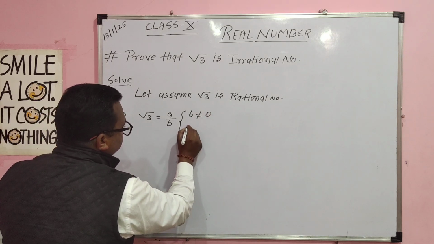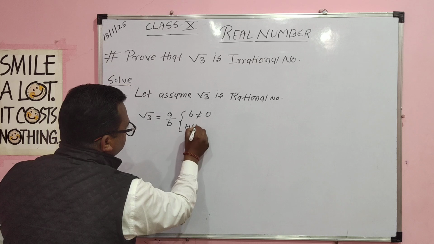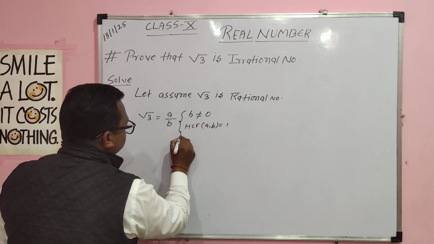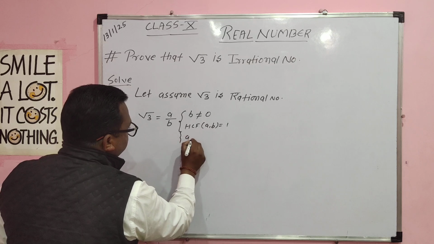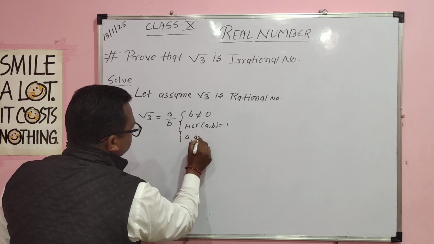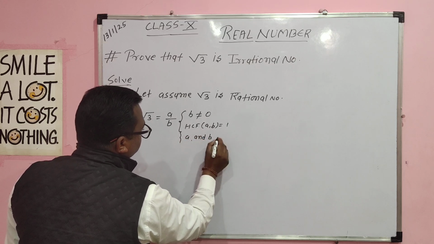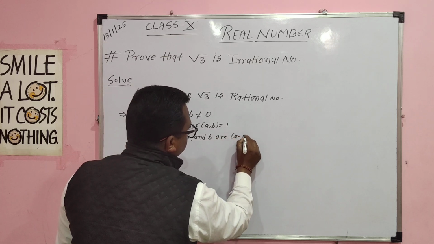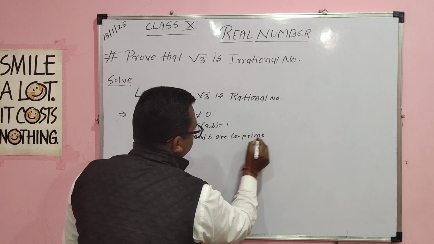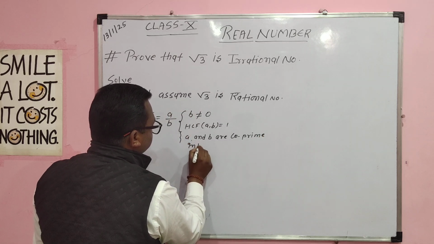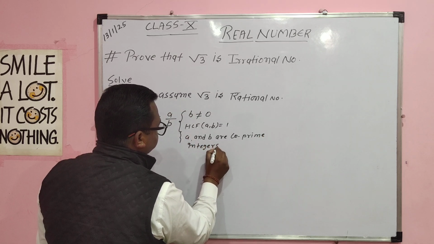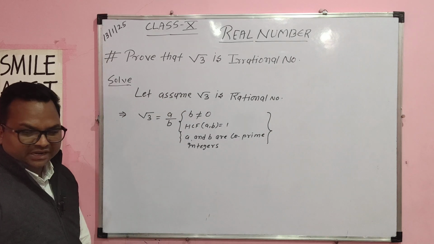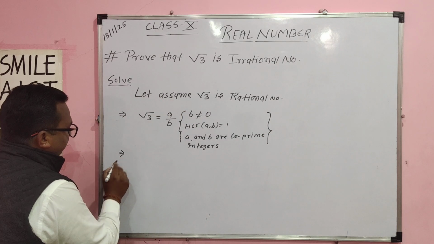Next step: the HCF of a and b equals 1, so a and b are co-prime integers. Understand? And the next step is squaring both sides.